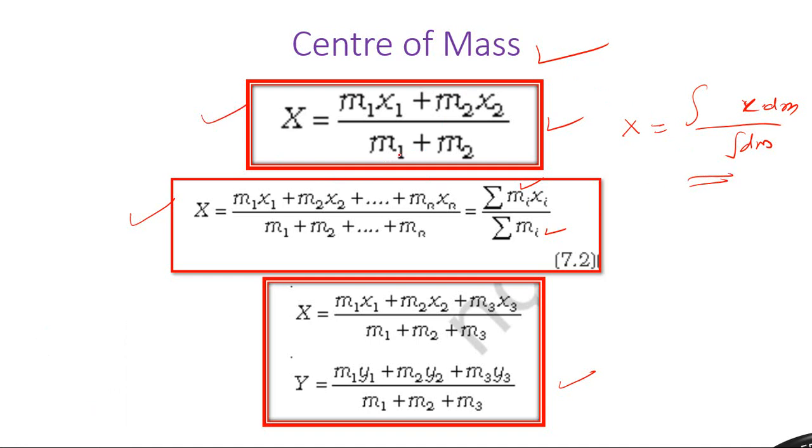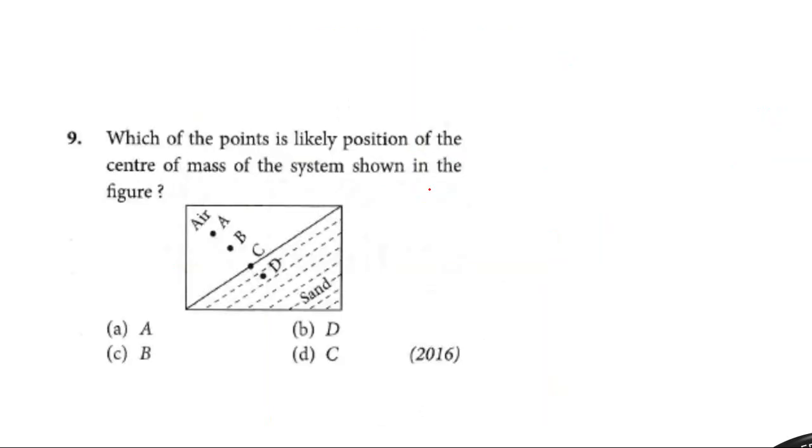We have learnt center of mass in detail. Which point is the likely position of the center of mass of the system as shown here? Half the portion is air and half is sand. If it were completely air or sand, the center of mass would be at the center.